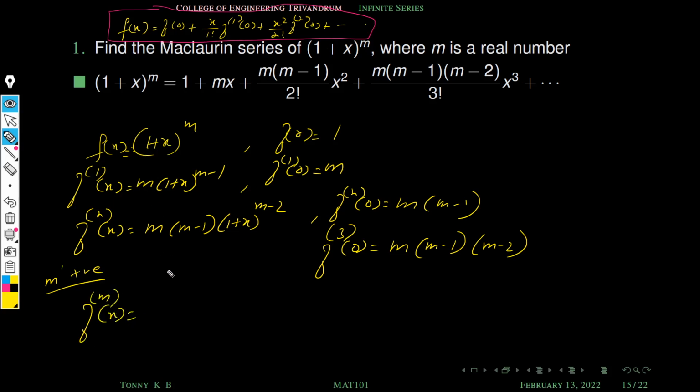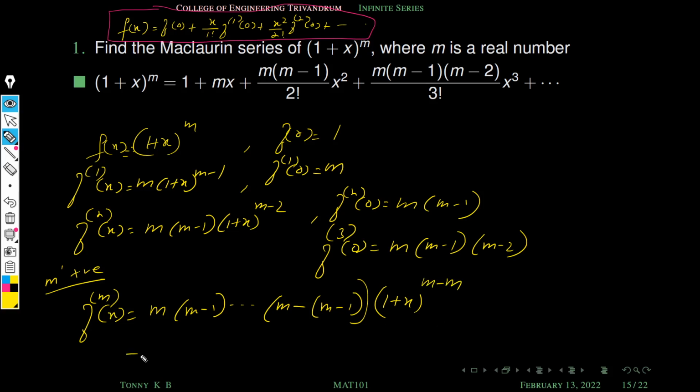Continuing in this way, the mth derivative becomes m into m minus 1 and so on. For the second derivative it is m into m minus 1 into 1 plus x raised to m minus 2. So in the case of the mth derivative, this becomes m minus m, and this is 1 plus x raised to 0, that is 1.